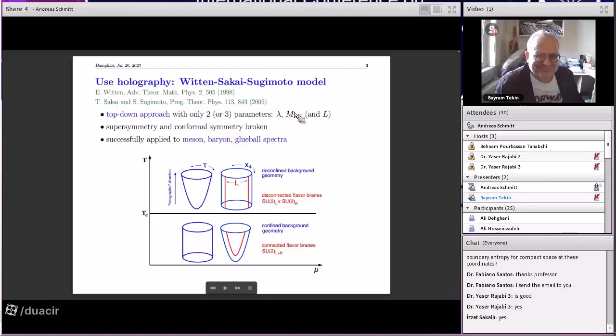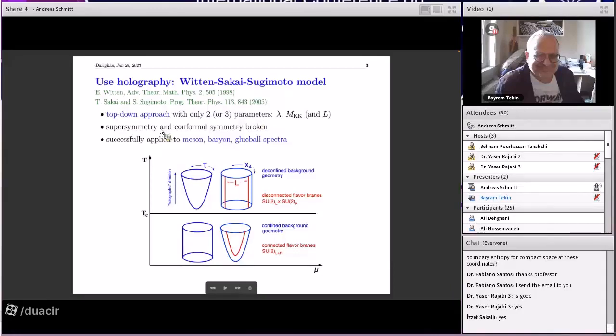I get back to how I fix them later: the 't Hooft coupling, a scale, the Kaluza-Klein scale, and L. I will get to this in this sketch down here. These are very few, especially compared with other phenomenological models that we have in a neutron star context, where parameters are often 10, 20, or even more. So this is something to keep in mind.